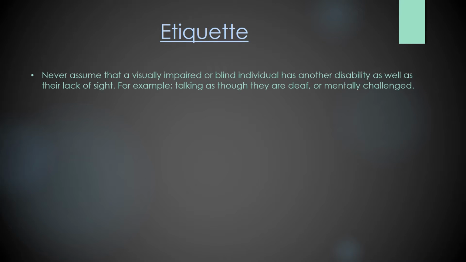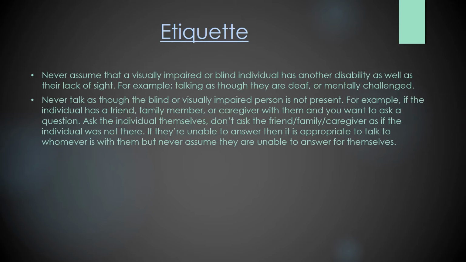Etiquette. Never assume that a visually impaired or blind individual has another disability as well as their lack of sight. For example, talking as though they are deaf or mentally challenged. Never talk as though the blind or visually impaired person is not present. For example, if the individual has a friend, family member, or caregiver with them and you want to ask a question, ask the individual themselves.